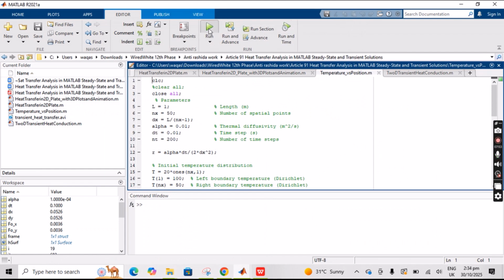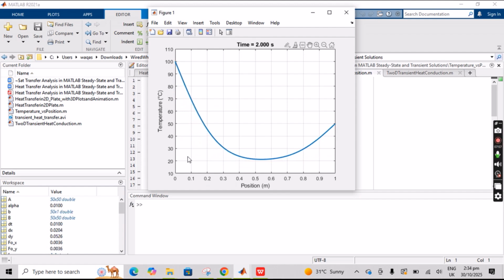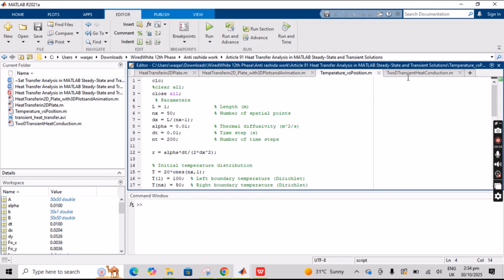Temperature versus position. See, these are the animations of temperature versus position according to different time scales.